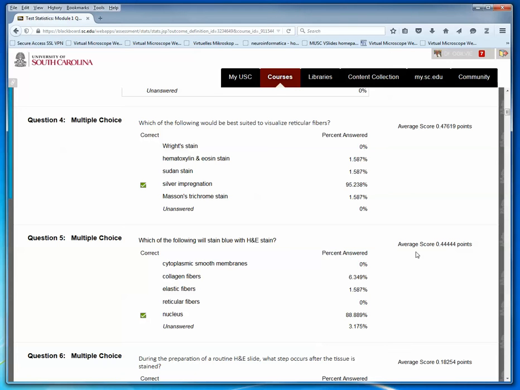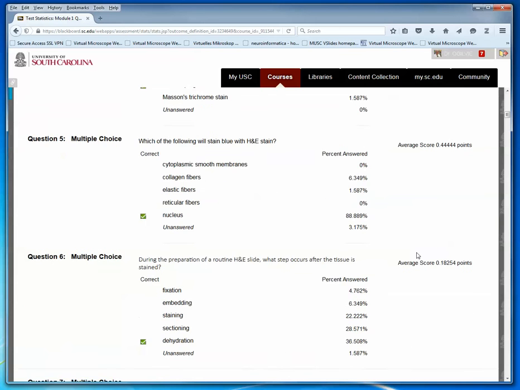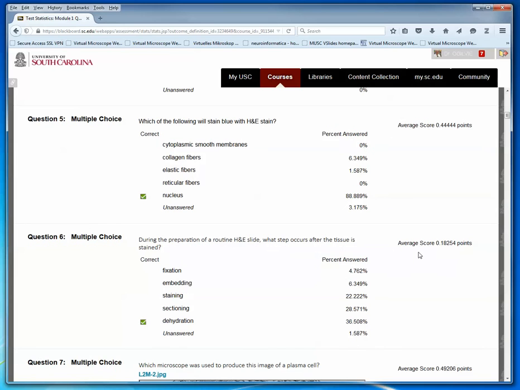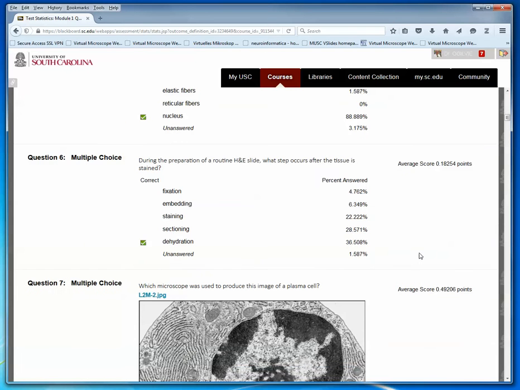Hematoxylin and eosin will not help you visualize reticular fibers. And of course, if something stains blue with hematoxylin and eosin, it's the hematoxylin, a basic dye, reacting with acid radicals in DNA or RNA and renders, for example, the nucleus blue.